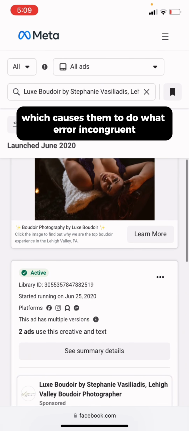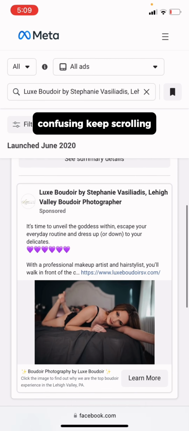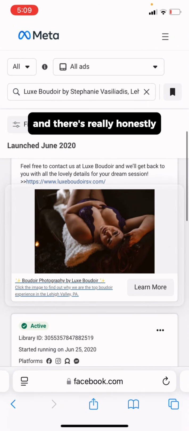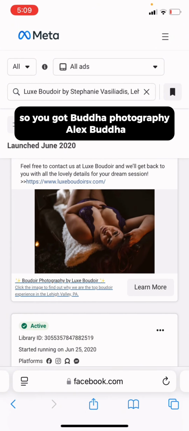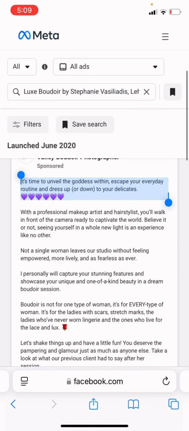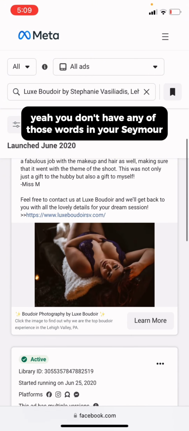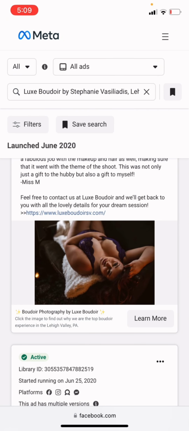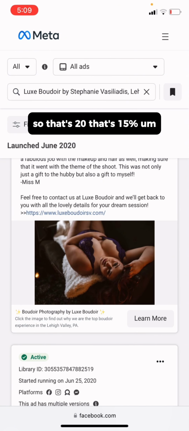Error, incongruent, confusing, keep scrolling. So we do not want to trigger the error detection network in the brain. And there's honestly no bonus to having stuff here. So you got Boudoir photography, Luxe Boudoir. Yeah, you don't have any of those words in your see more headline. So that's definitely hurting you. And that's 15%.